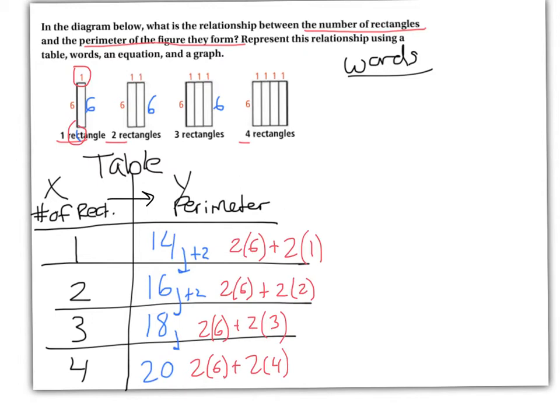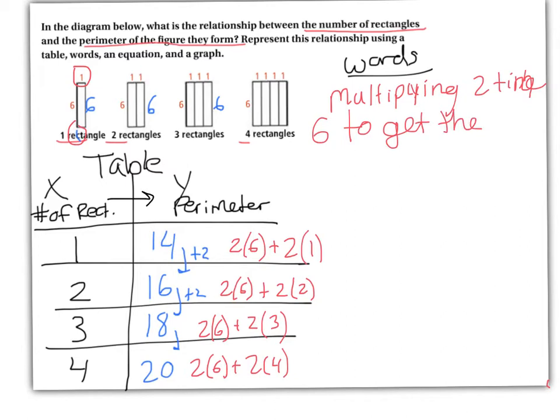So in words, what we're doing is multiplying 2 times 6 to get the lengths.